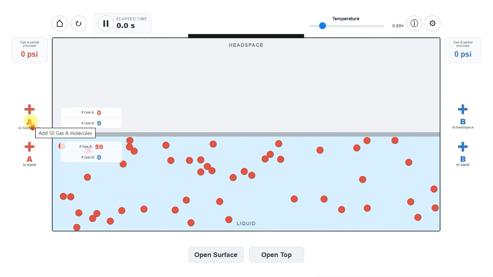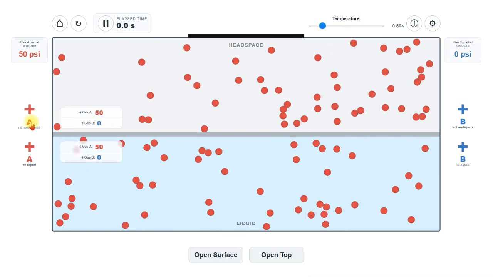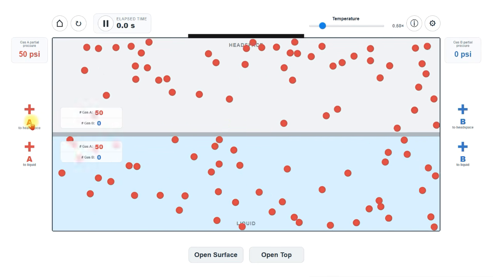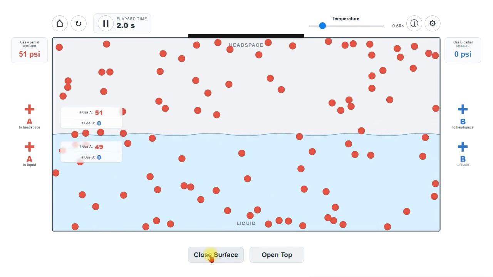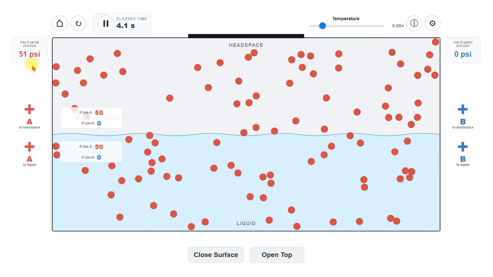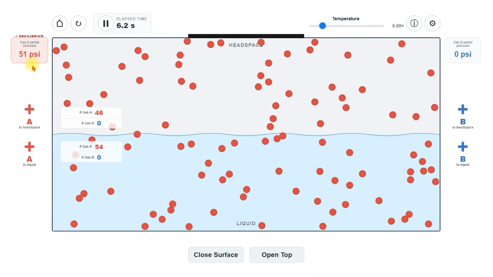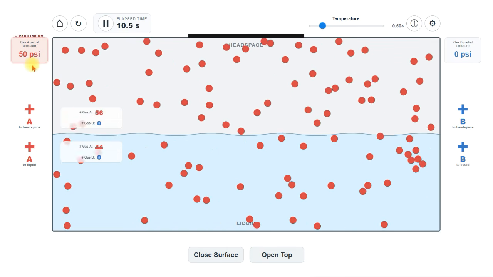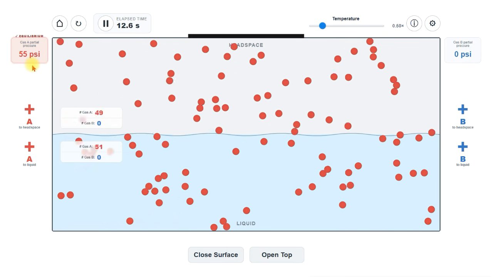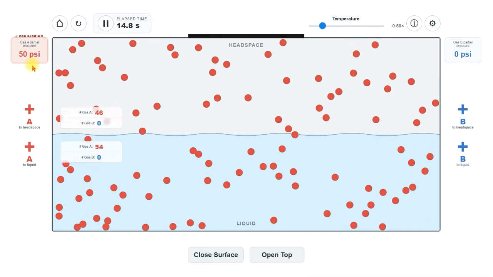Let's try CO₂. Let's add 50 molecules of CO₂ to the headspace. And now when I open the surface and let the system evolve, it is essentially already at equilibrium. Watch this tile, it turns red. It goes to equilibrium almost right away. So that's how you keep CO₂ in equilibrium with more CO₂.